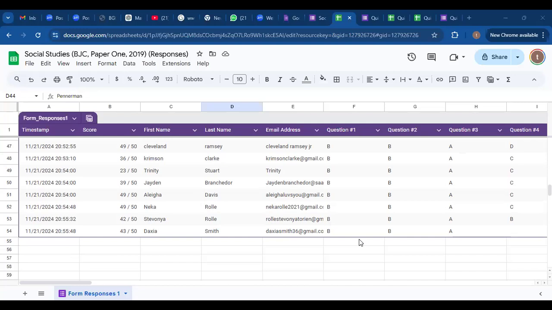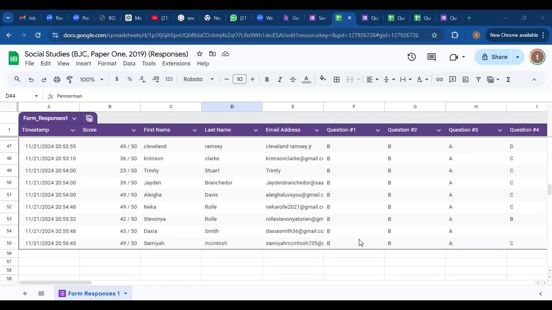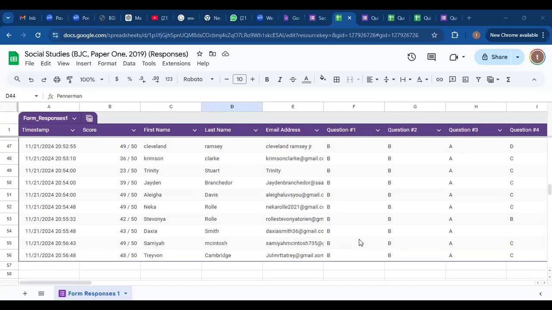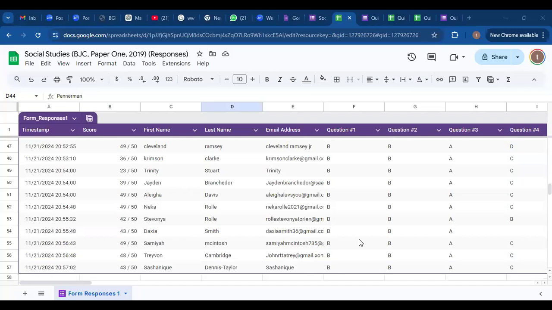Sharice Cater, what number are you on? Samaya McIntosh. Yes, sir. Very good job. Thank you. Move on to the RK.